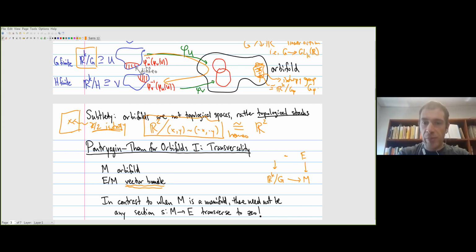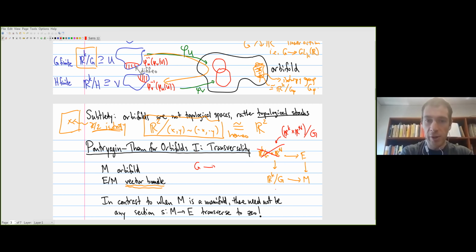And in such a chart, E is given not by this. So that's wrong what I wrote. It's too restrictive. It's R^k cross R^n modulo G. So here there are two homomorphisms, G to GL_k of R and G to GL_n of R.